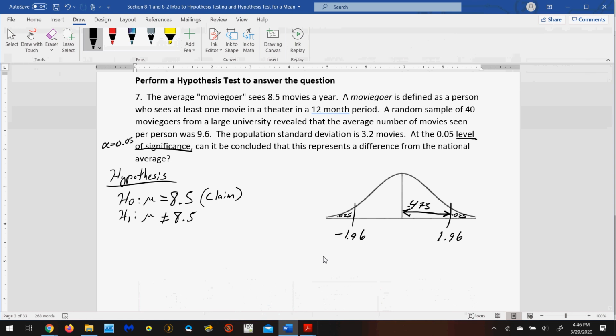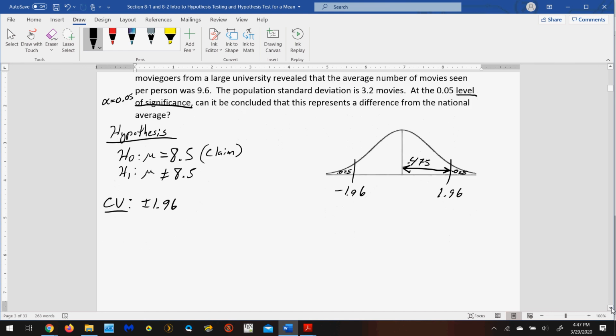So I have my hypotheses. After that I have my critical values, which are here positive and negative 1.96. And again, yes, I want you to write everything in exact same locations I'm having it written. So right underneath hypotheses, you can put CV, which you all know implies critical value.